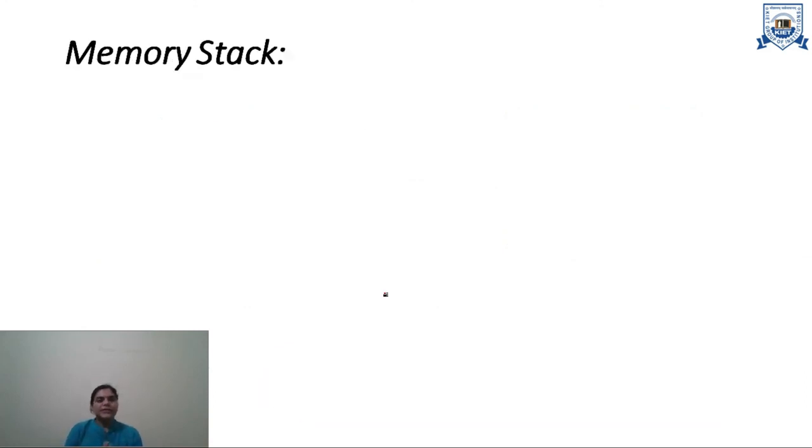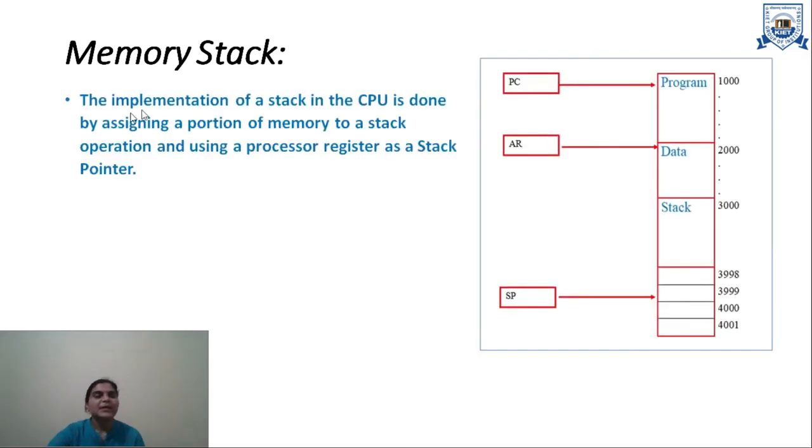Now, we will study what a memory stack is. The implementation of a stack in a CPU is done by assigning a portion of memory to stack operation and using a processor register as a stack pointer. The operating system assigns memory to each program in segments.